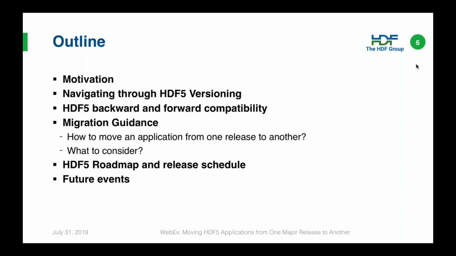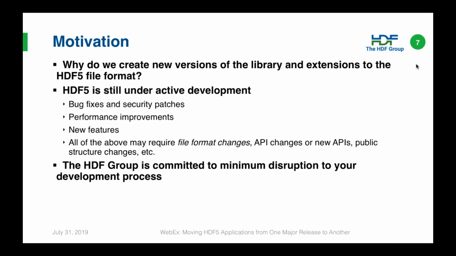So the first thing: why do we still have so many versions, and what is going on with HDF5? HDF5 was released in 1998, but it's still under very active development to address new demands that our community and our customers present to us, new requirements.